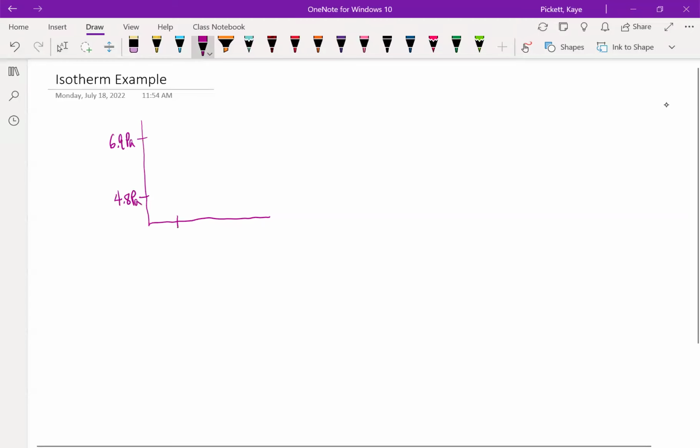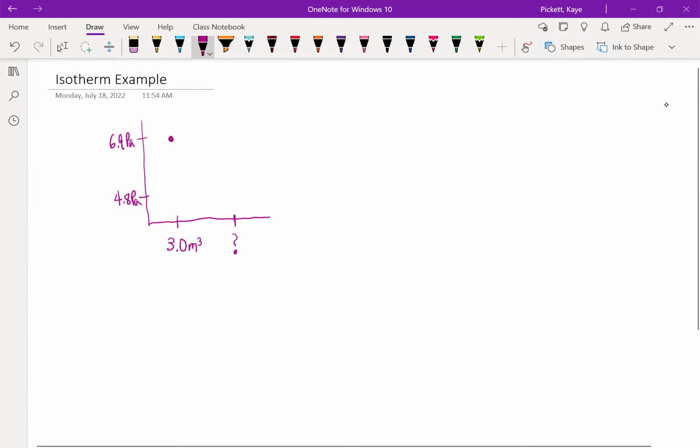And this is 3.0 cubic meters. And I don't know what that volume is.